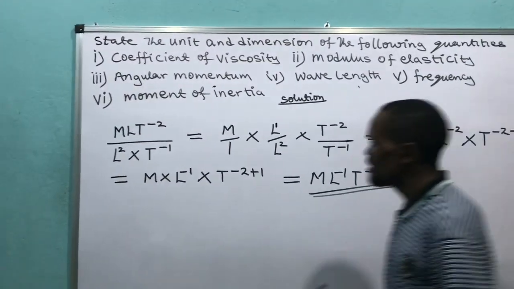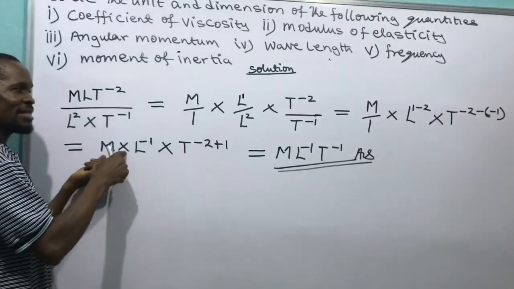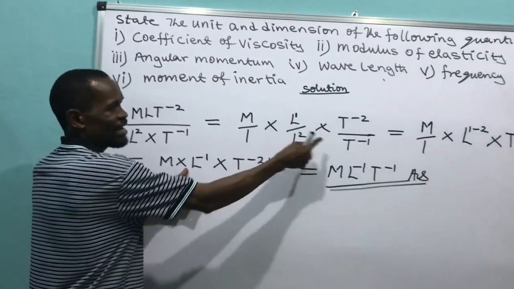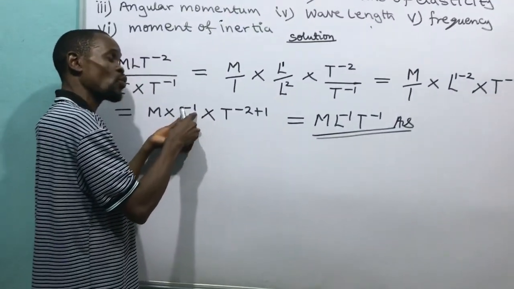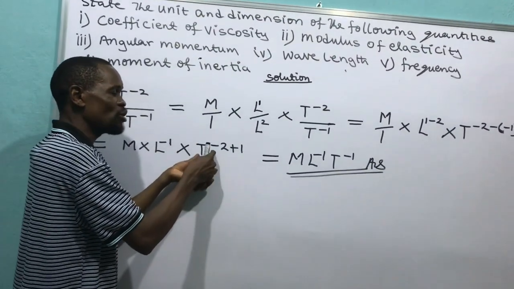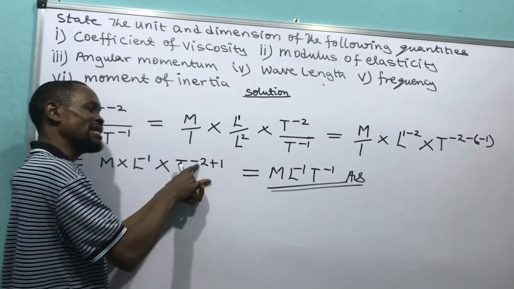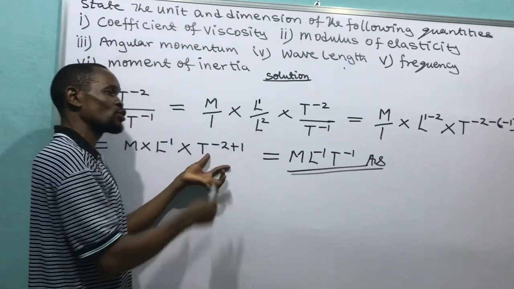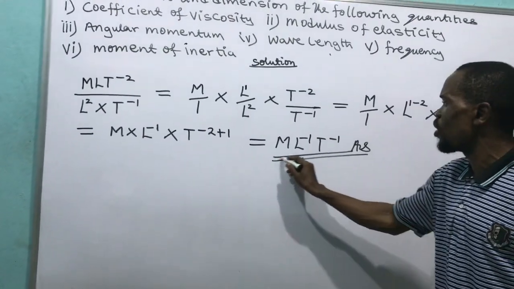And this will now give me M divided by 1, which is M. 1 minus 2 will give me minus 1, and T raised to minus 2 plus 1 will give me minus 1.